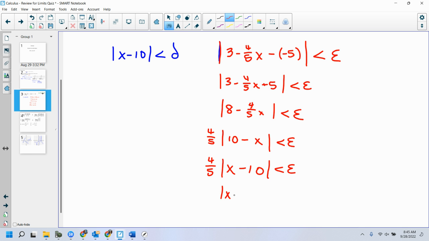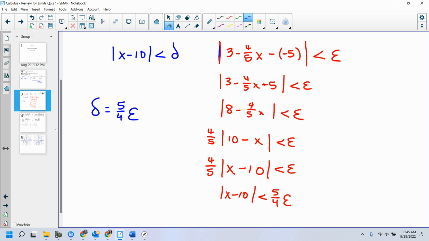So the absolute value of x minus 10 is less than 5/4 epsilon, right? Multiply by the reciprocal: keep, change, flip, if you will. So what is my delta that I'm going to choose? 5/4 epsilon. Delta is now going to be equal to 5/4 epsilon.